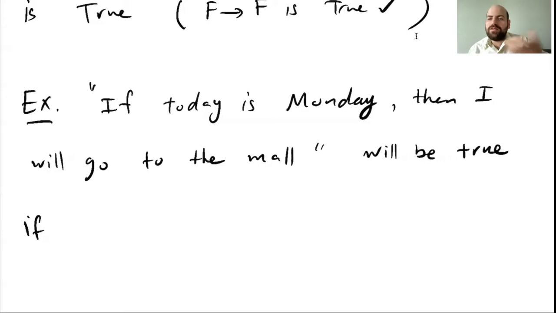It's called a conditional statement because there is a condition or assumption or hypothesis P and a conclusion Q.